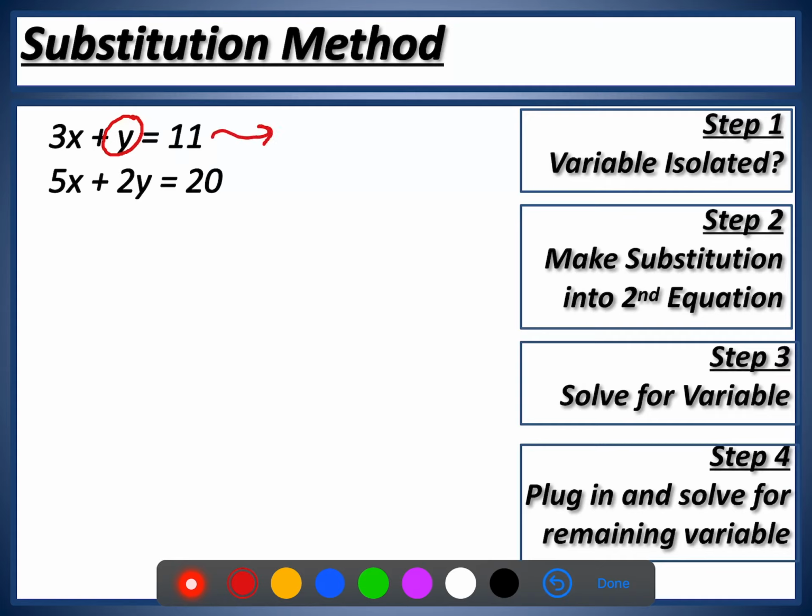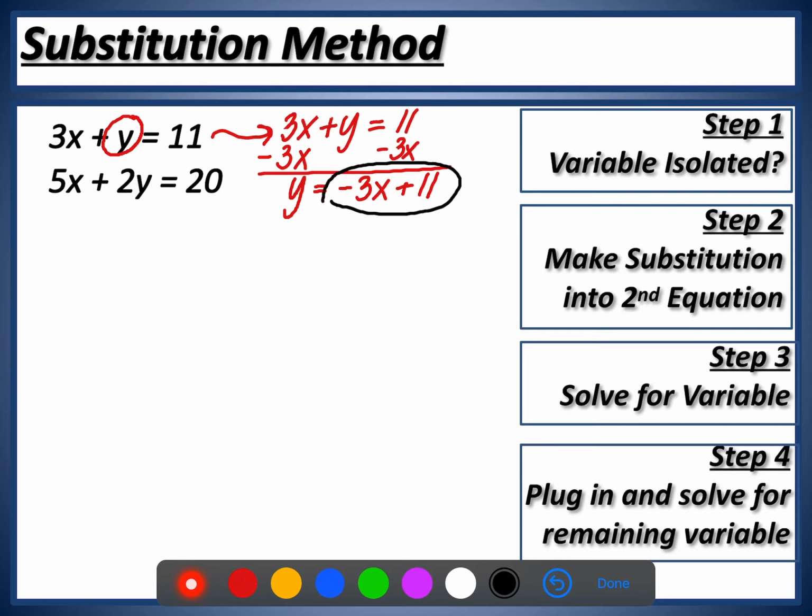All we would have to do is move the x. And now I can take this value of the y. I know what y is equal to, and I can replace it in my other equation.